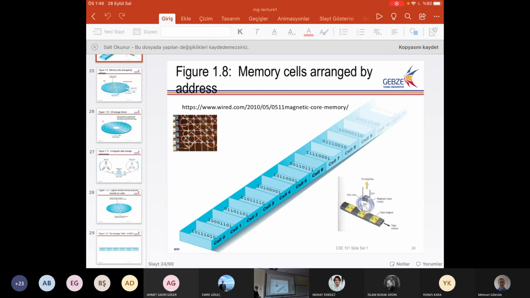Okay. So, we cannot read the memory as a whole.